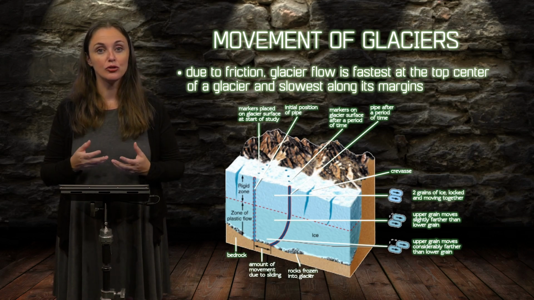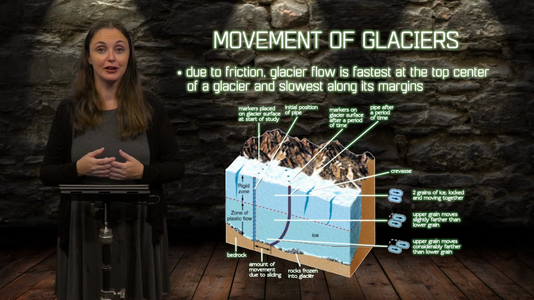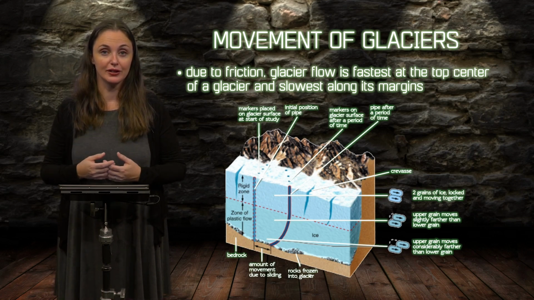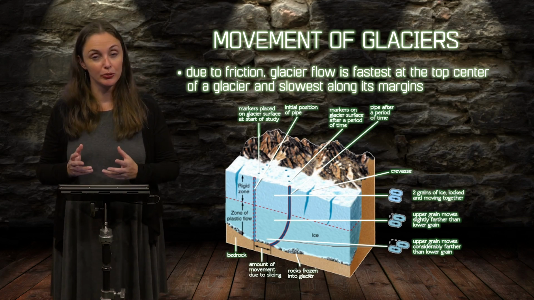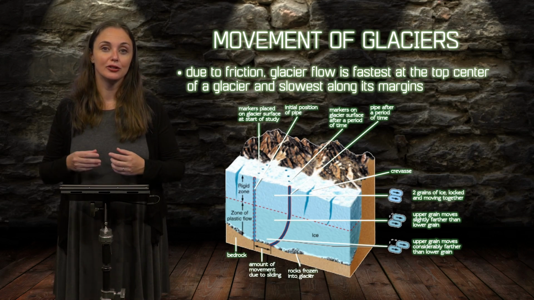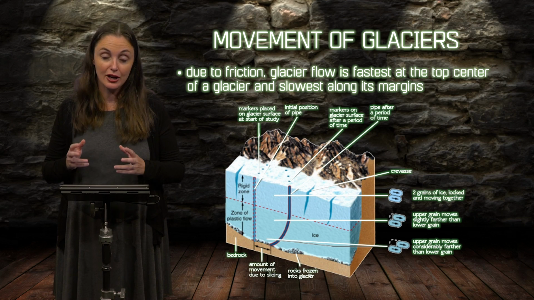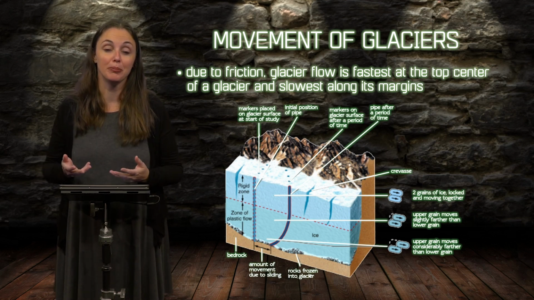So still, we're dealing with very, very slow speeds of movement, but it doesn't mean that it's ineffectual at doing erosion and deposition. If anything, glaciers are more successful at eroding sediment and depositing sediment. They're effectively nature's bulldozers. They just happen to be very slow-moving bulldozers. If you were trying to tell somebody that they're moving entirely too slow and that they need to start moving faster, you might say that they're moving at a glacial pace.